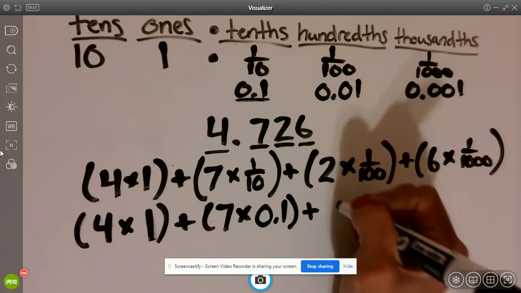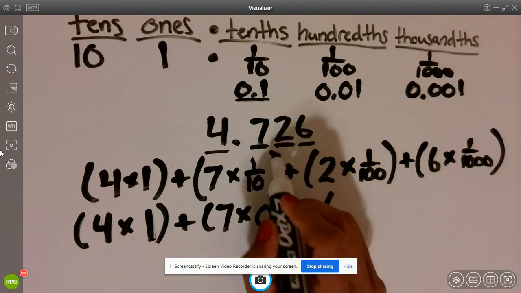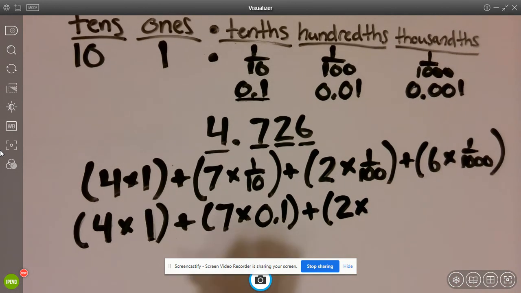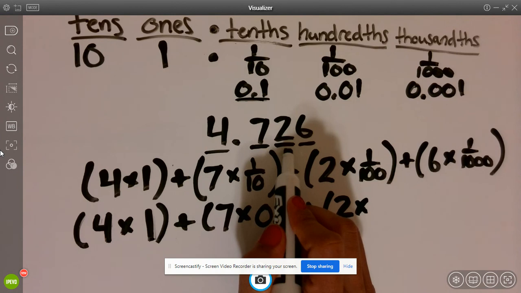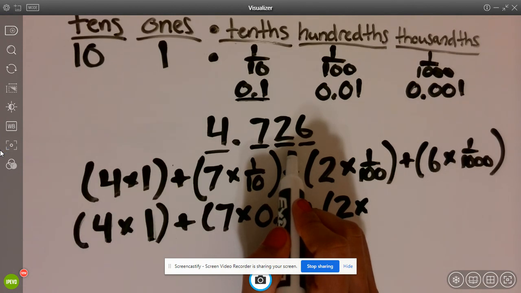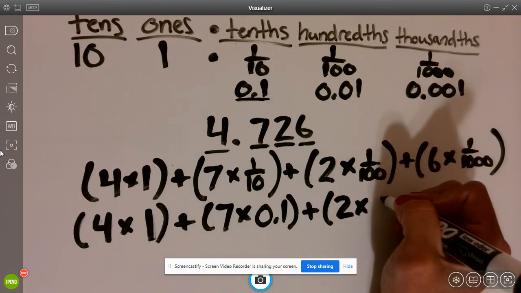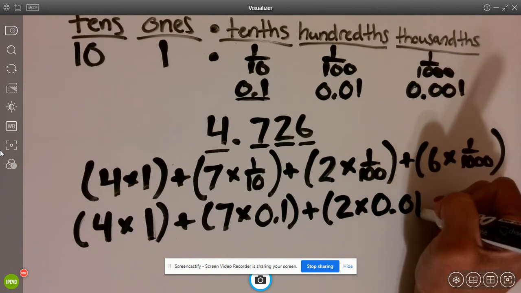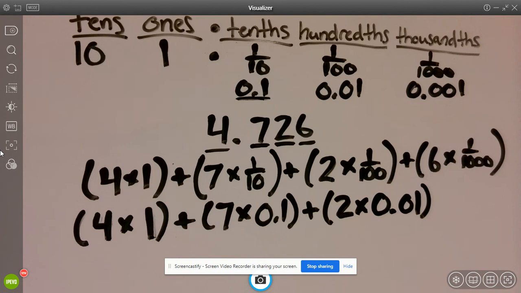Plus, okay, 2 is my next number, 2 times, the 2 is in what place value? The hundredths. So I will write it as a decimal, 0 and 100ths.